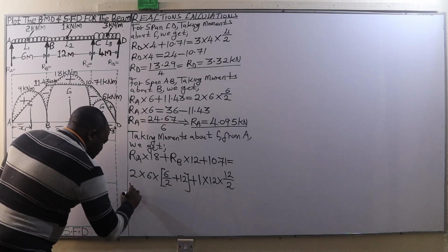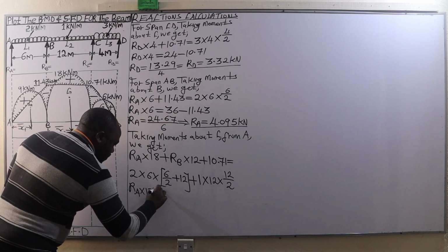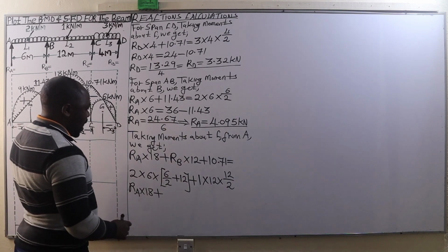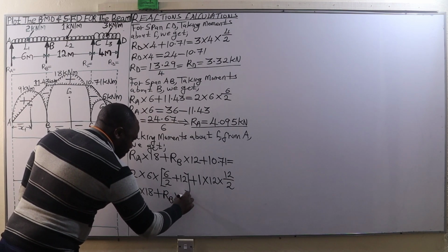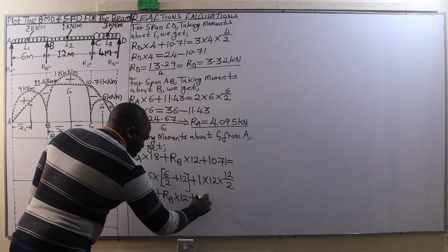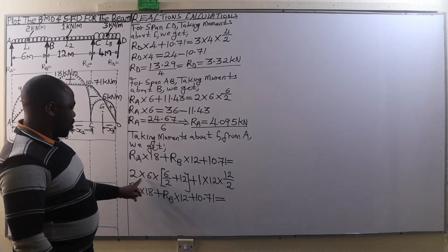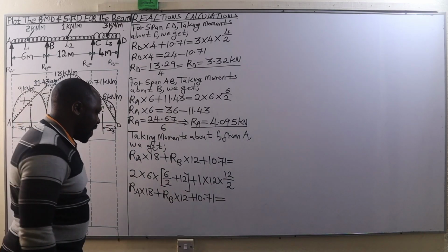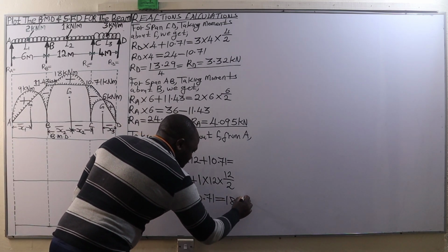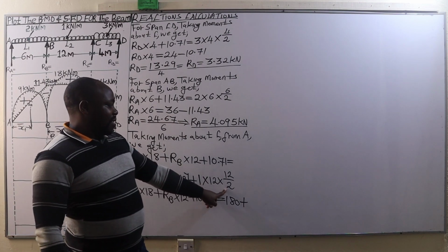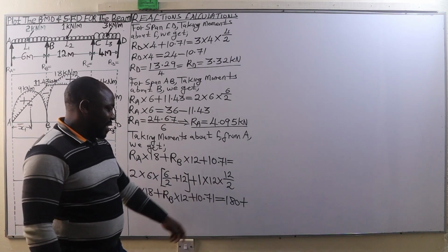So this gives us RA times 18 plus RB times 12 plus 10.71 being equal to 12 times 15, which is 180. So we have 180 plus these two, 12 divided by 2, that is 6, and 6 times 12 is 72.